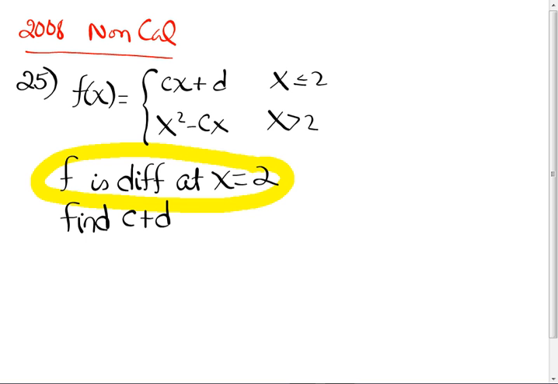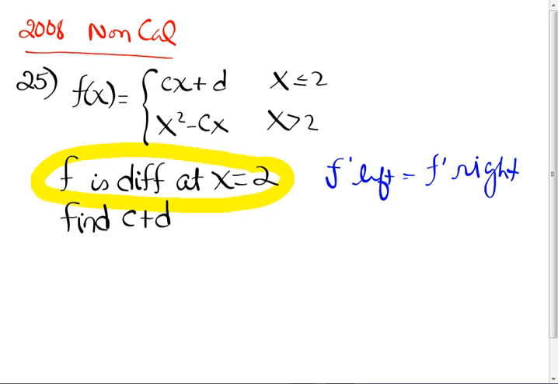Yeah, it's the same every year. Okay, my function is differentiable at x equals 2. Well, that tells me something. If a function is differentiable, then what's true about the derivative? If it's differentiable, the derivative exists, and f prime from the left has to equal f prime from the right.